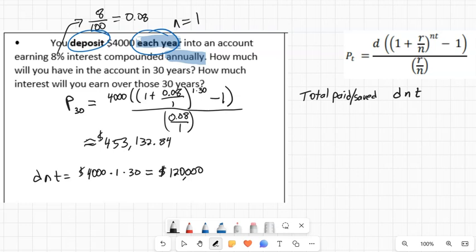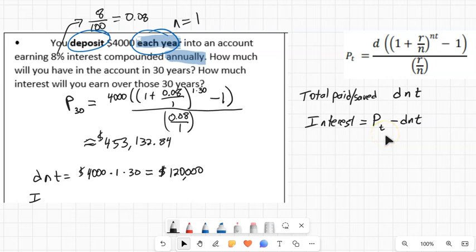If it's an annuity savings. And if it's a loan problem, DNT will be how much you pay over the time. And then interest, in our case, will be the value in the bank minus DNT. This will change if it's a loan problem.